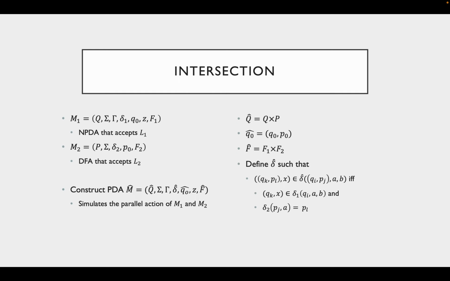And we're going to define delta hat, that is our productions, such that if we are in state QI, we read an A and there's a B on the top of the stack, then we transition to QKPL, which is our new state, and we push X onto the stack, if and only if the transition delta 1 QIAB results in QKX in M1, and reading A and being in state PJ results in being in state PL in the second machine.